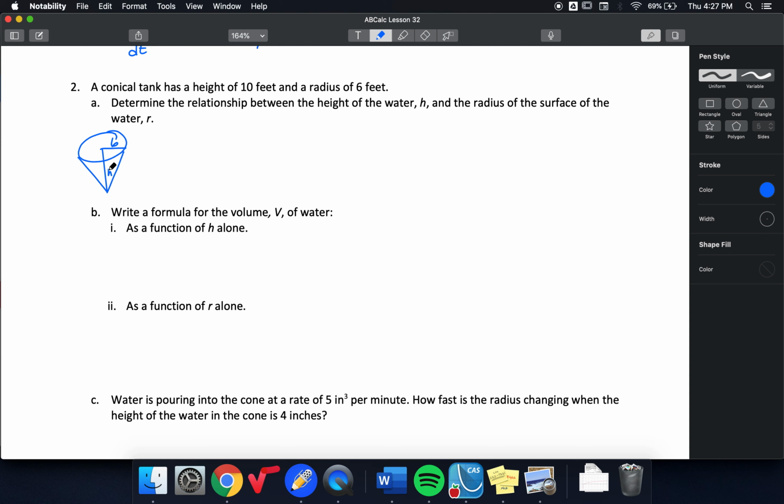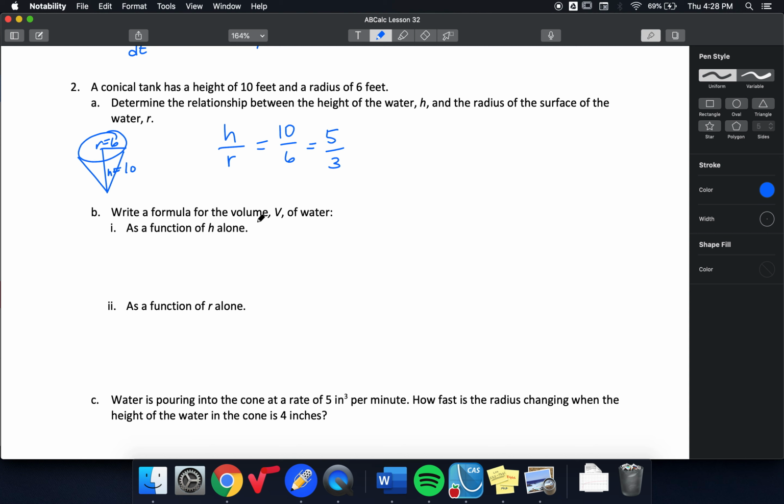I said height of 10 and I wrote h, so I'm going to add in h equals 10, r equals 6. I know that I'm always going to have similar triangles in this cone, so the relationship between height of the water and radius of the surface is h over r equal to 10 over 6, and I can reduce that to 5 over 3.